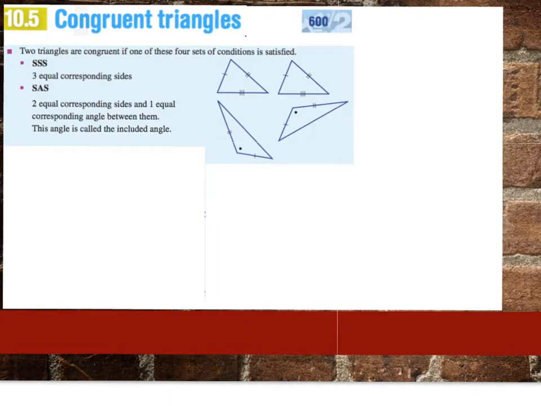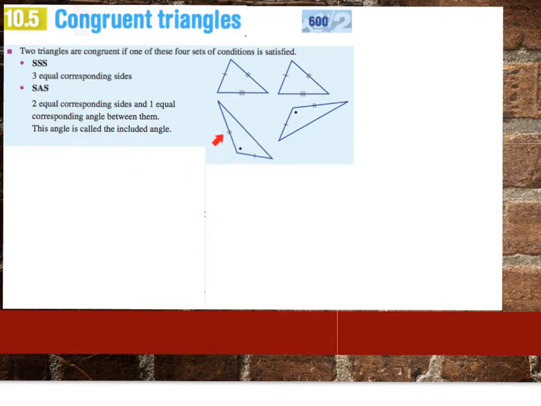If I have two corresponding sides and one equal corresponding angle between them, then we will have two identical triangles. And it's very important that you understand the following. If I look at this, we say the reason is SAS. So side, angle, side. And it's not any angle, it needs to be the included angle.